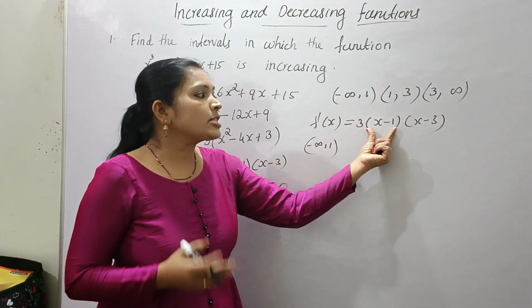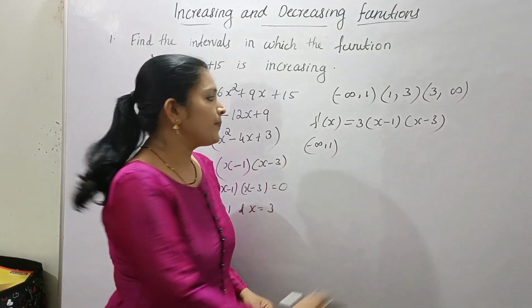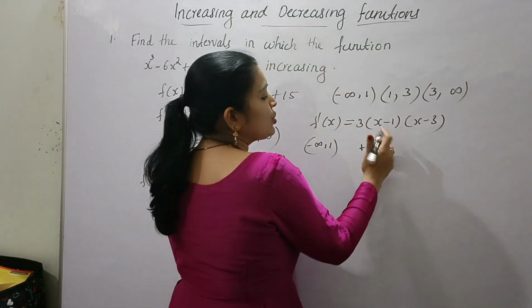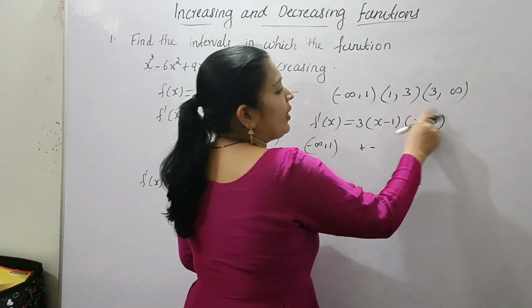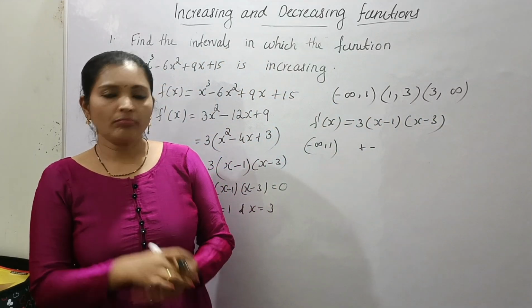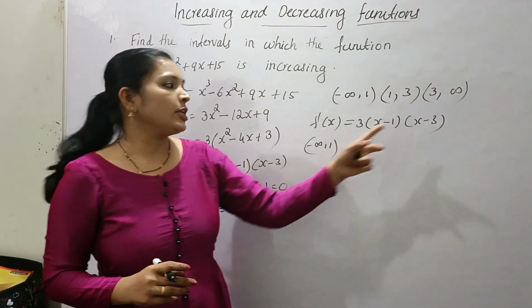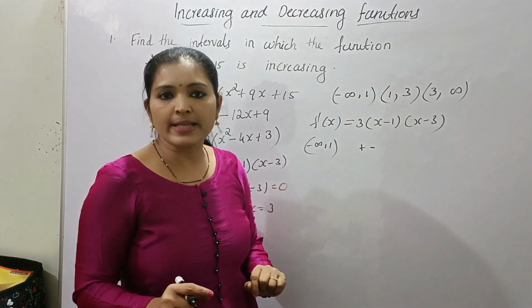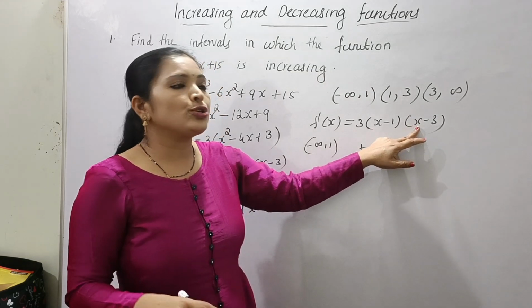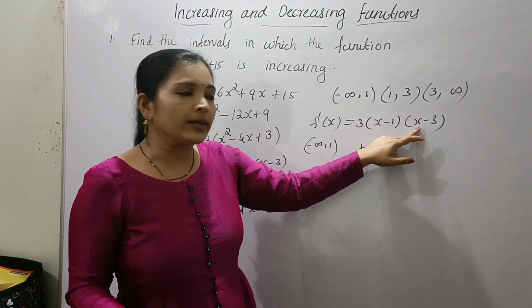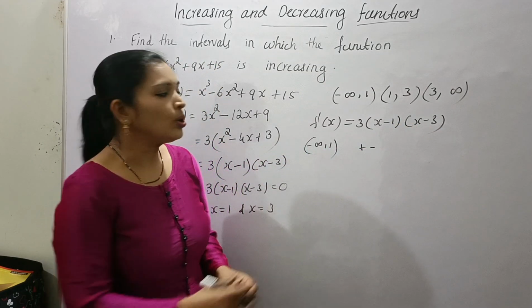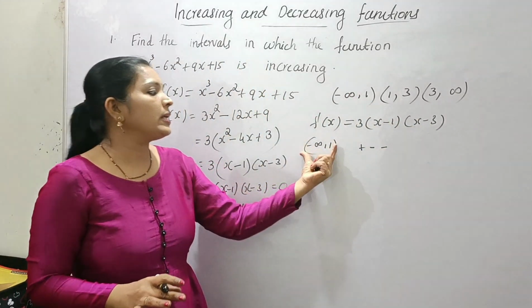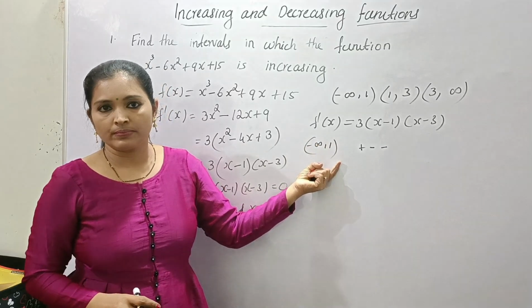That is, x minus 1 is negative, right? Here this 3 is always positive, so positive into minus is minus. What about x minus 3? That is also minus, right? If you substitute any negative value in x, you will get minus itself. Suppose you substitute minus 200, you will get minus 203. So this value is also minus for all the values between minus infinity and 1.